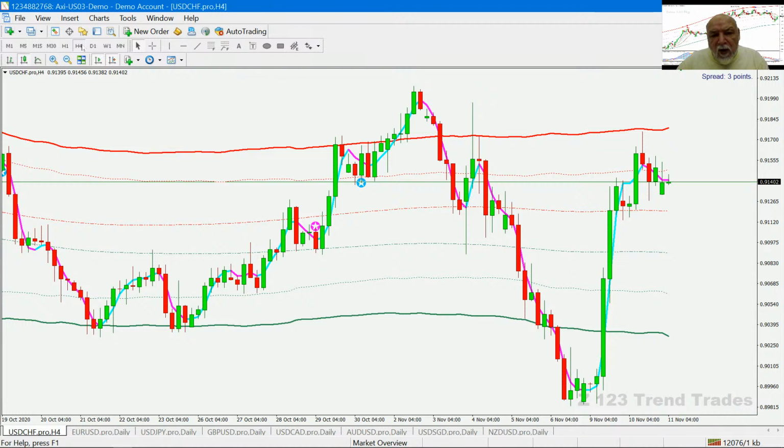All right, so what do I see here? Now, this magenta and light blue line is a very no lag moving average. It responds very quickly.